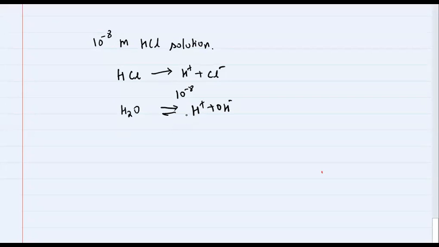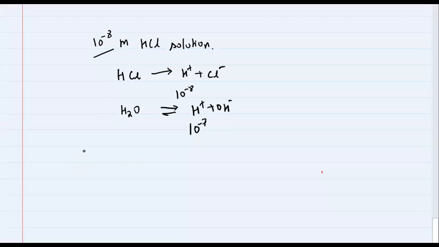Now I'm using some approximation over here, because after studying common ion effect we will see the exact equation. I'm assuming it will be mostly neutral because this concentration is very less. It will change to a very small extent, but we can take approximation because this value is very small.